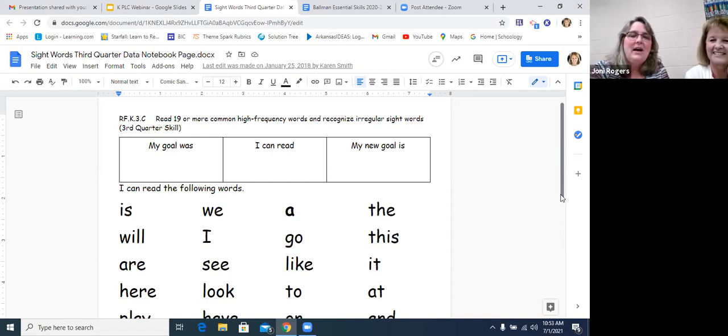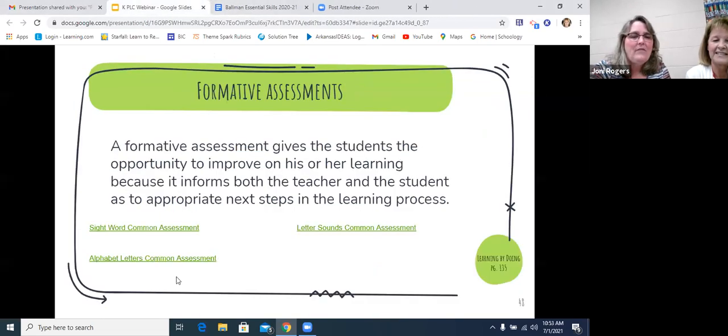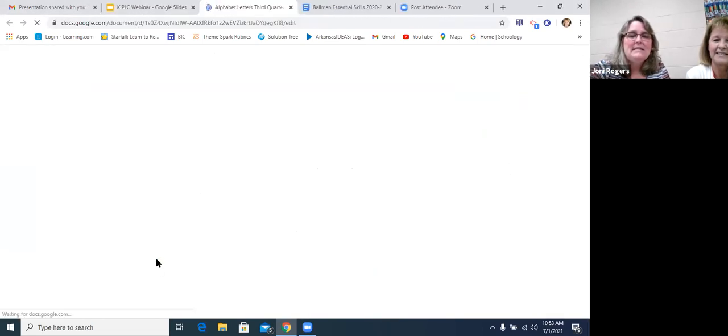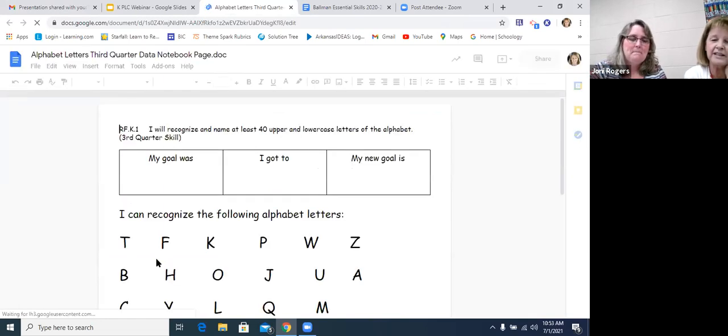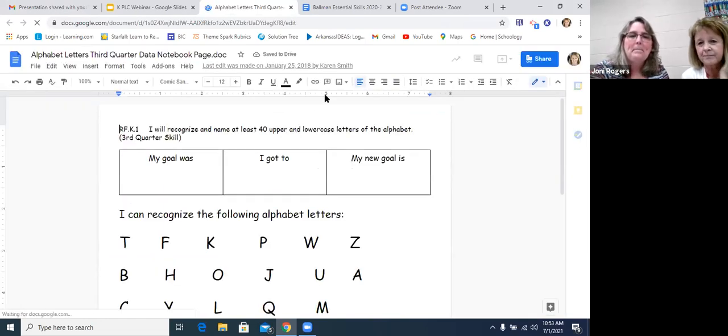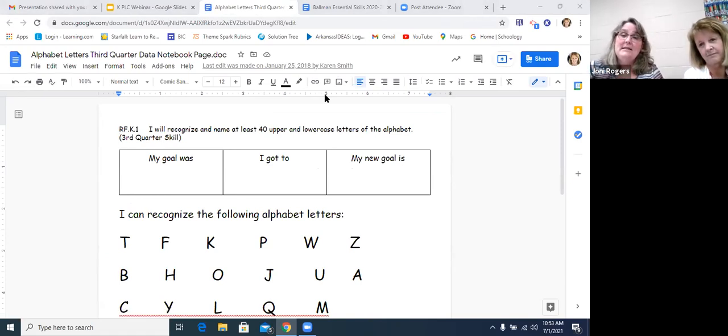So this is a sight word. I'm going to show you. We have an alphabet letter common assessment. And we just created these ourselves. Now, our district will send us a common assessment, or a formative assessment that we do.